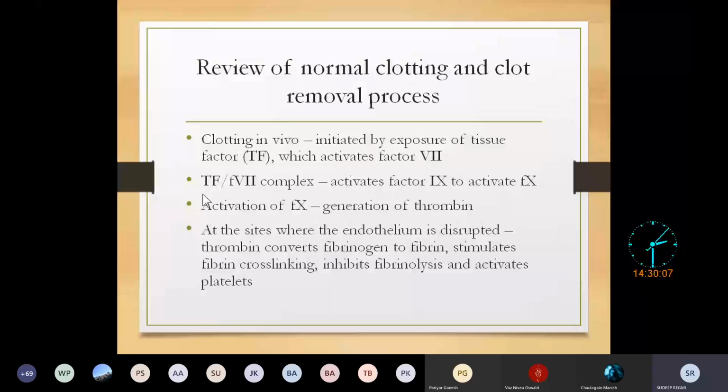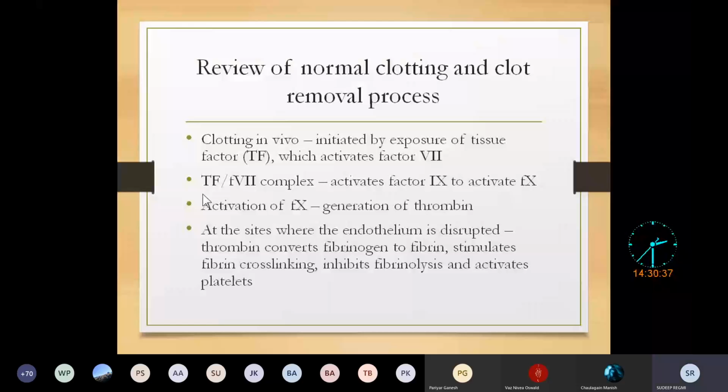Okay. That means now to know about DIC, we should know about the normal hemostatic mechanism, either extrinsic or intrinsic pathway. Extrinsic starts with the activation of factor 7, whereas intrinsic pathway starts with the factor 12 activation, and they both will culminate in the common pathway where there should be activation of factor 10, and this will lead to formation of the thrombin from prothrombin.